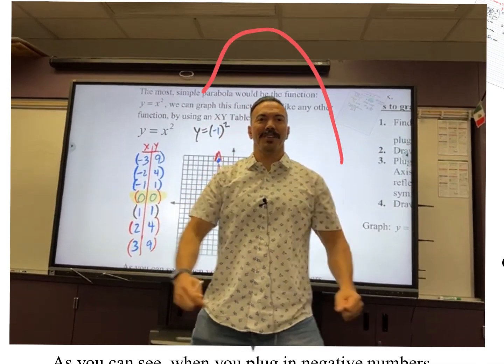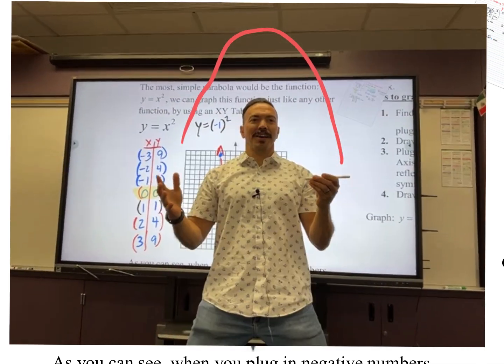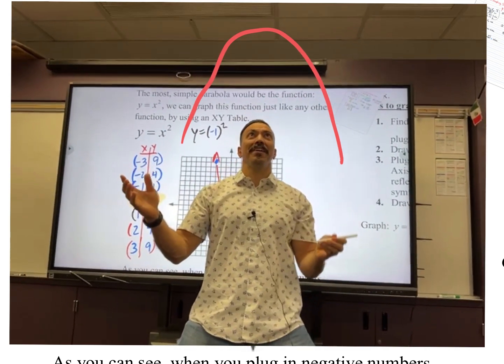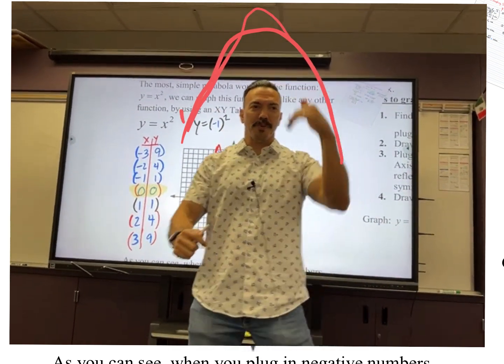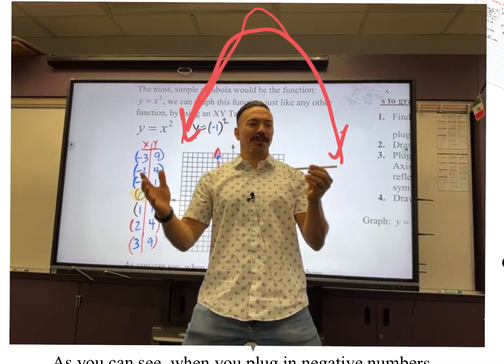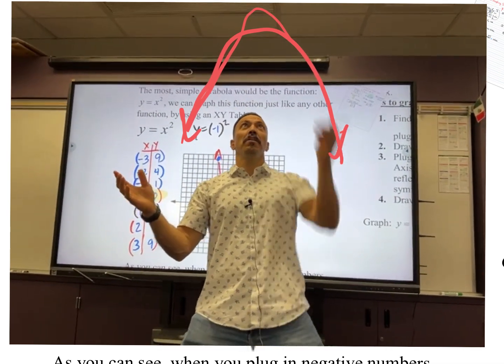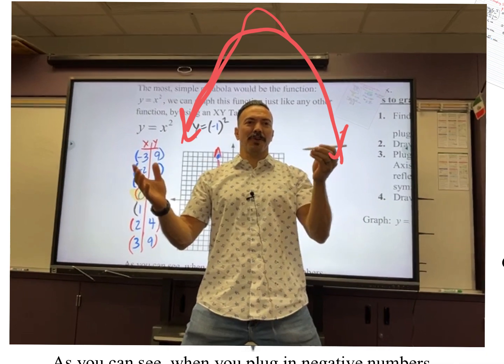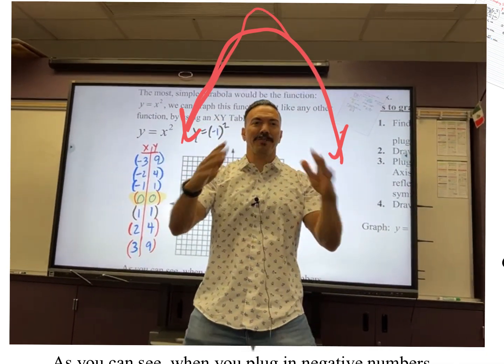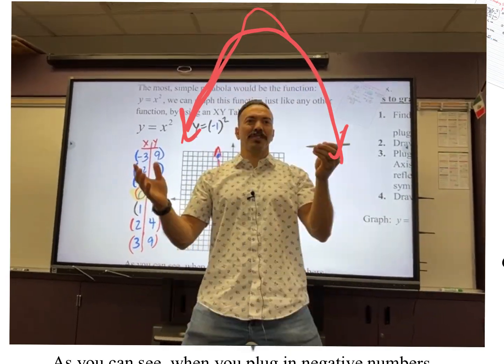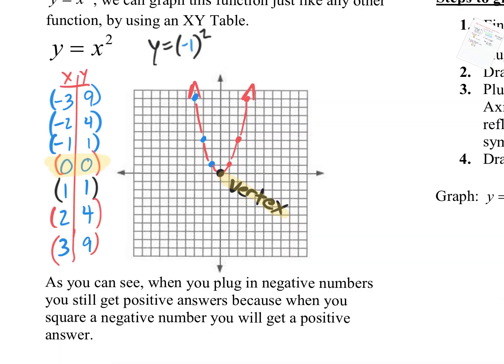So something like that, right? I think it's a little higher up. Anyways, the idea is that it does travel in the path of a parabola, but this parabola is opening down instead of up. Okay, so back to the parent graph. There's a couple other things I want to mention.